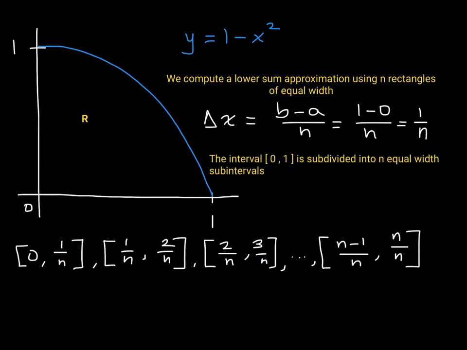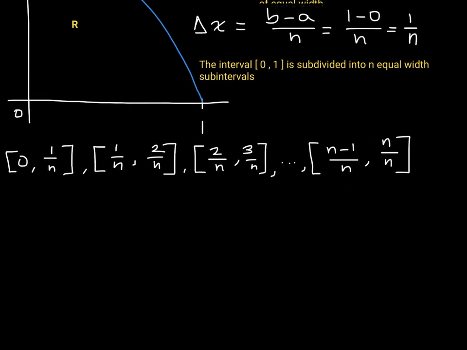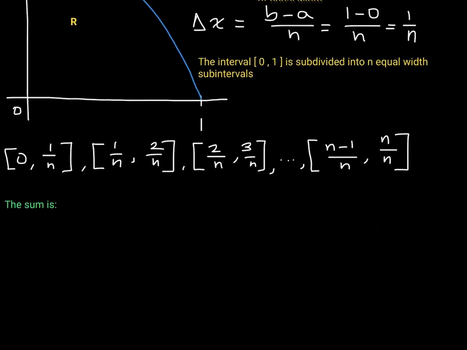And of course, the width of each rectangle is 1 over n. So this is what we have then. I'll call our function f, which is 1 minus x squared, evaluated at that first right endpoint. That's the height of the rectangle times the width of the rectangle, so this is the area of the first rectangle.